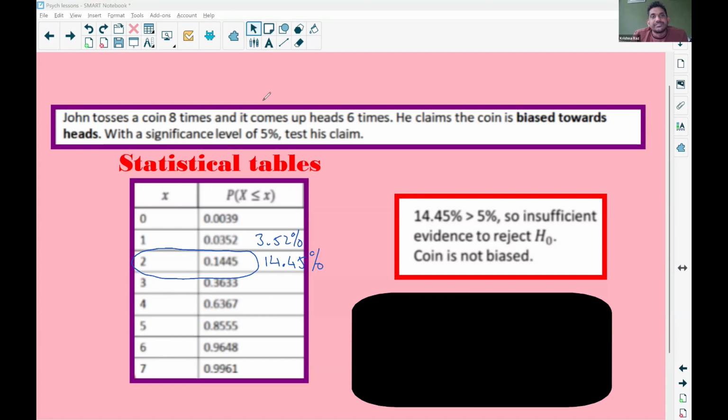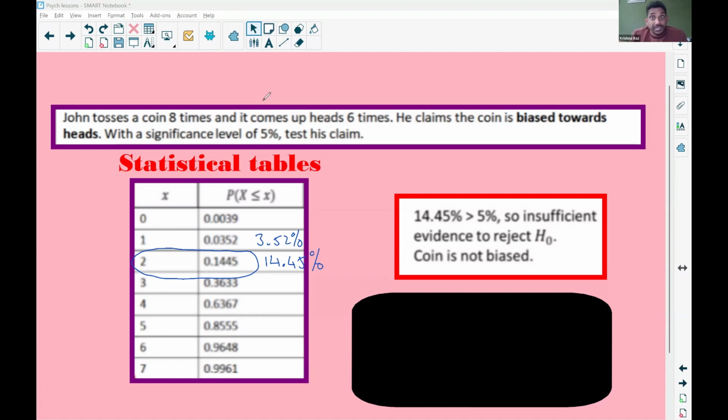We've been asked to test this at a 5% significance level. So that means that was likely. Yeah, it wasn't abnormal enough for us to say this coin is unfair. Had it have only come up tails once or 0 times, that would have been less than 5%.